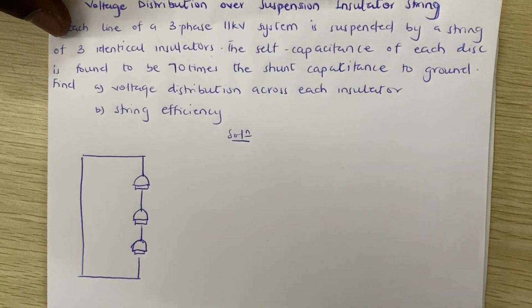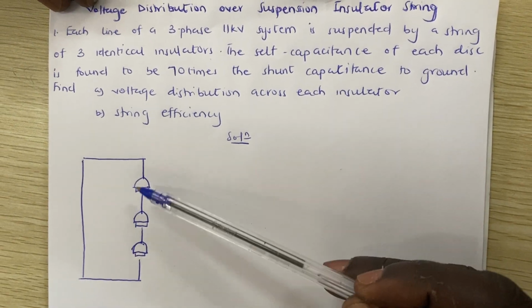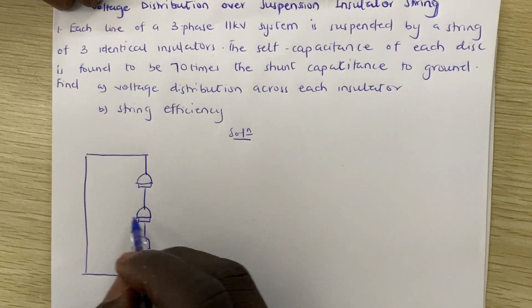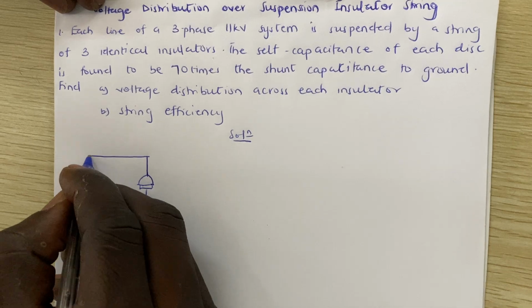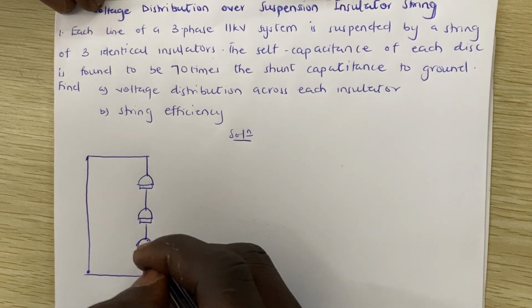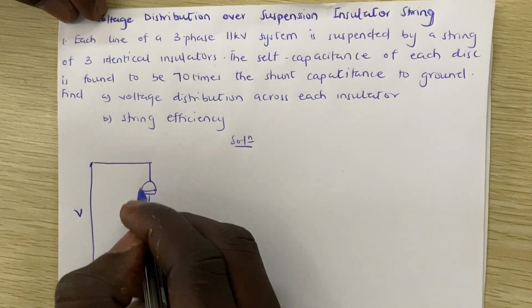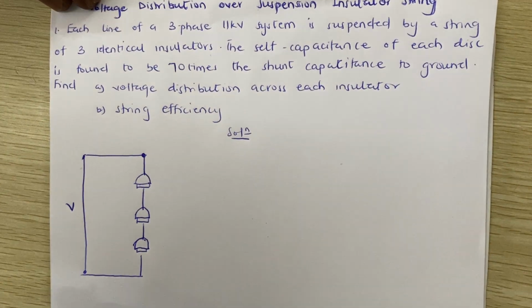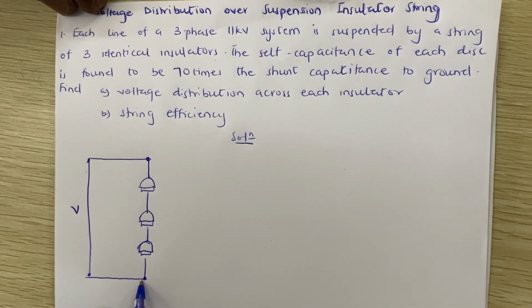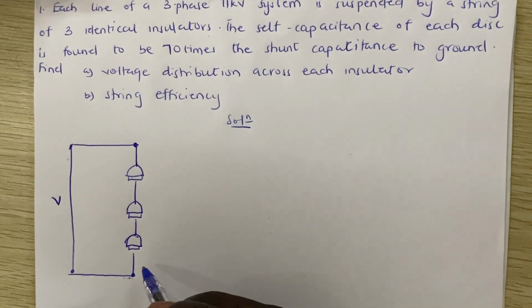We have this string here, and this string is made of 3 identical insulators, right? So we know that this string itself is attached to this tower. So this is our tower line with a voltage across this particular string as V, right? And we know that it's attached by this arm, and then this is the line that this particular string is connected to. So the line is being transmitted with the help of this particular string, right?